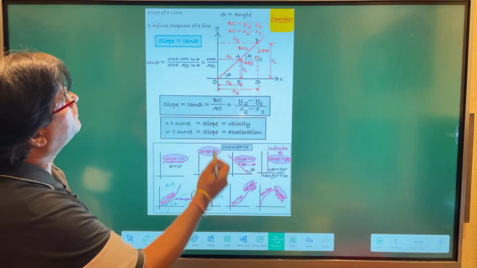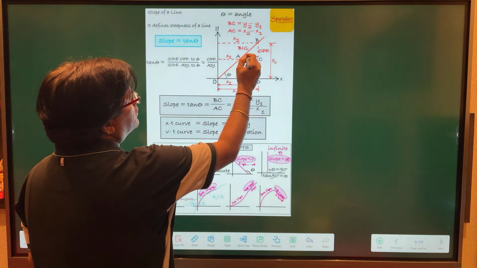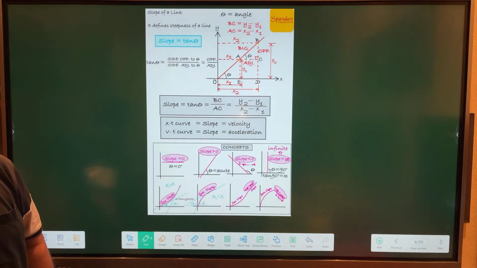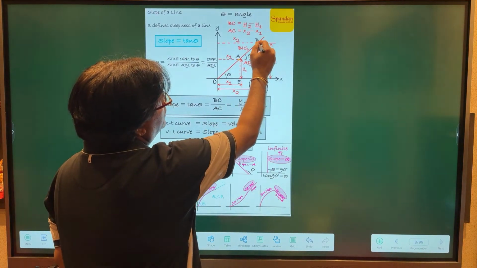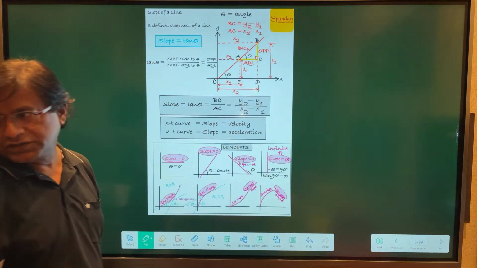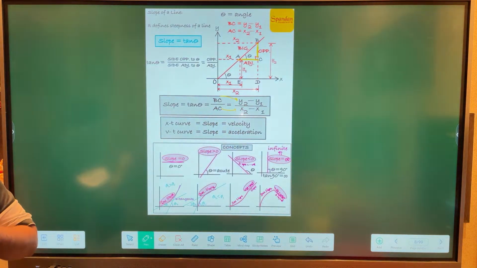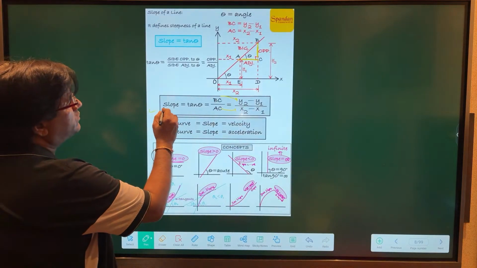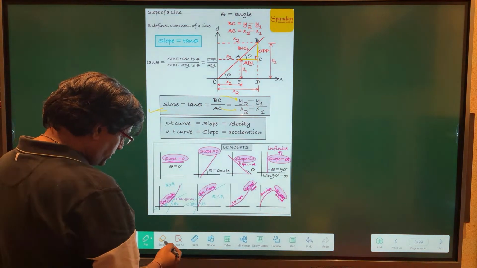Here there are 2 points A and B, where A has coordinate x1, y1 and B has coordinate x2, y2. Then BC will be y2 minus y1 and AC will be x2 minus x1. Tan theta will be written as BC upon AC, that is (y2 minus y1) upon (x2 minus x1). So this will give the slope, and tan theta we know is opposite by adjacent.